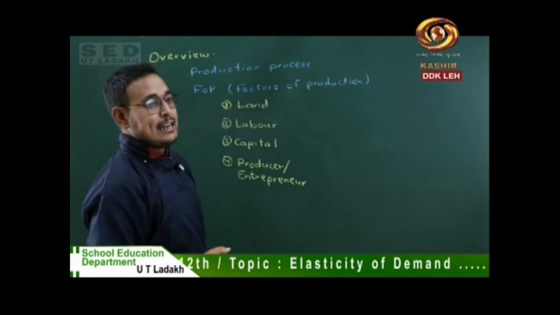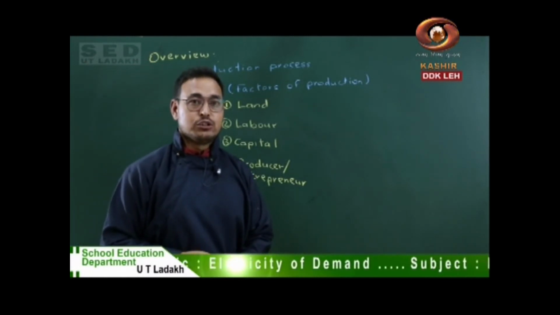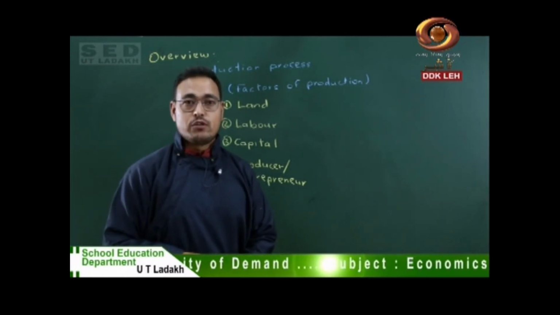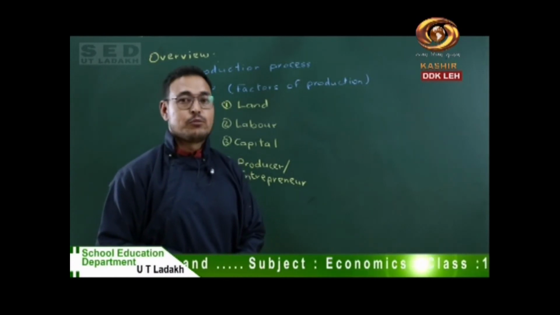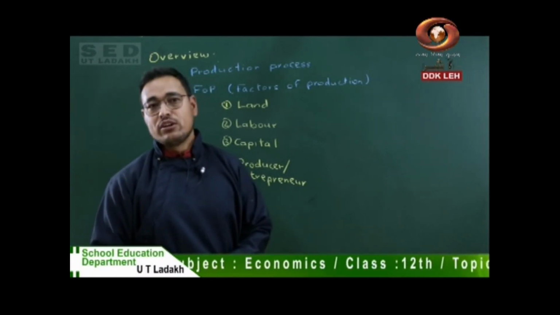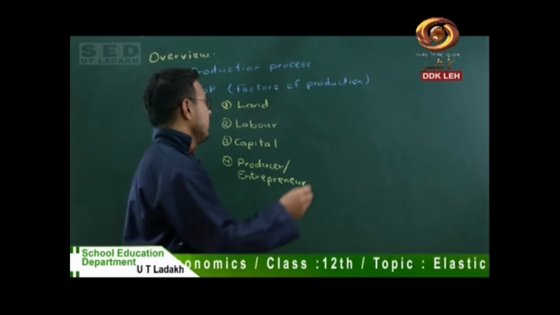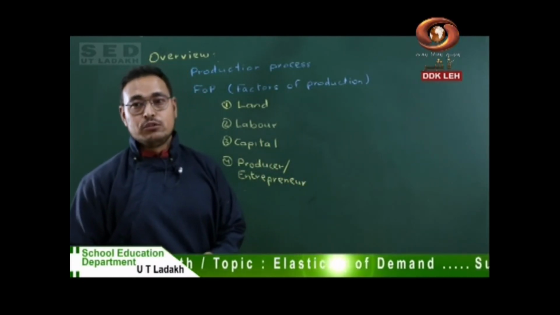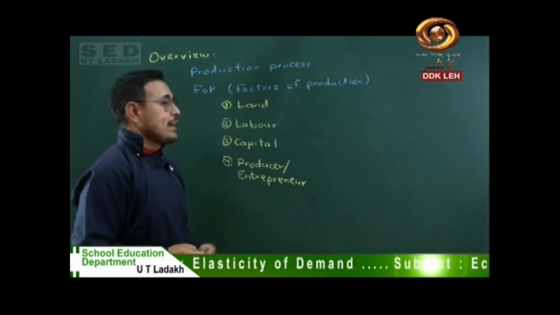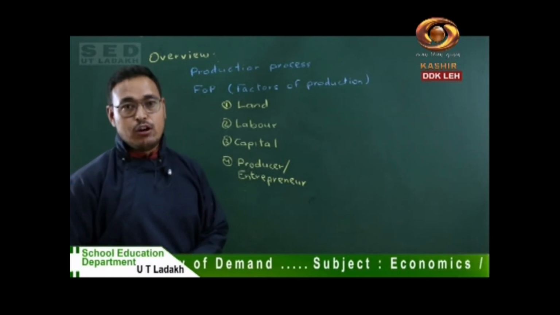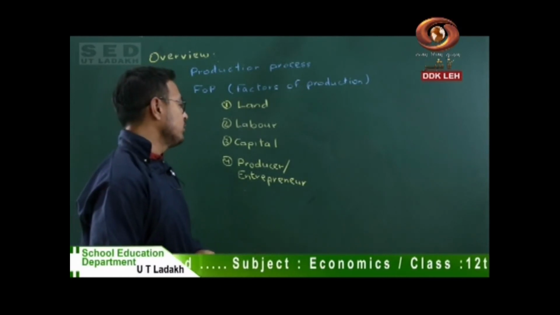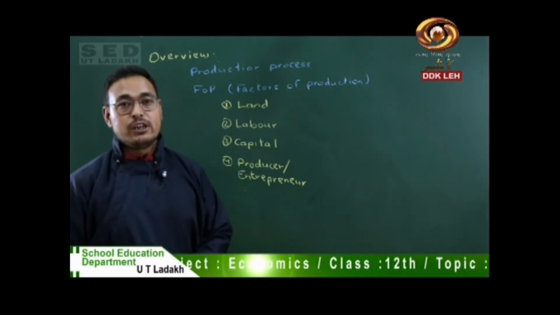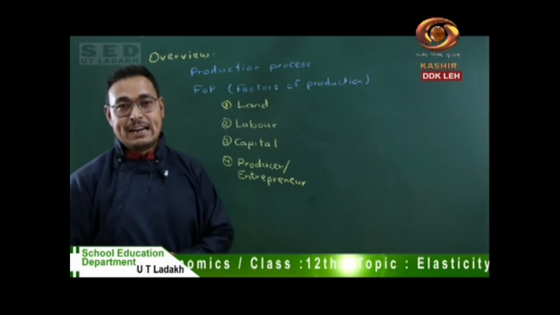What is land? Land is basically all those resources that we directly receive from nature. It could be land, it could be any kind of natural resources. Labor is the physical toil of an individual. Capital are all those raw materials or machines that we use in the production process. And producer is the person who undertakes the risk.